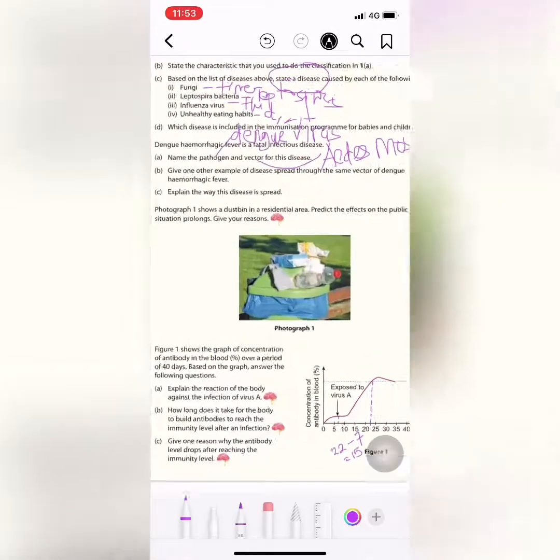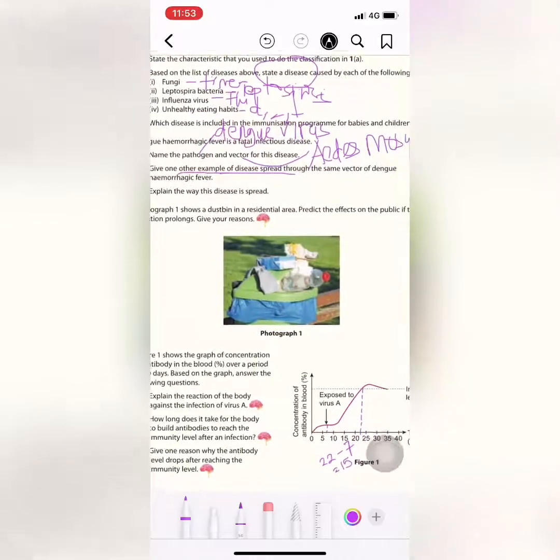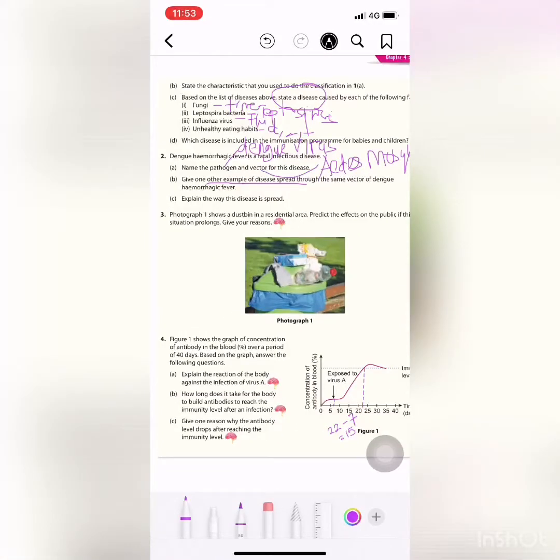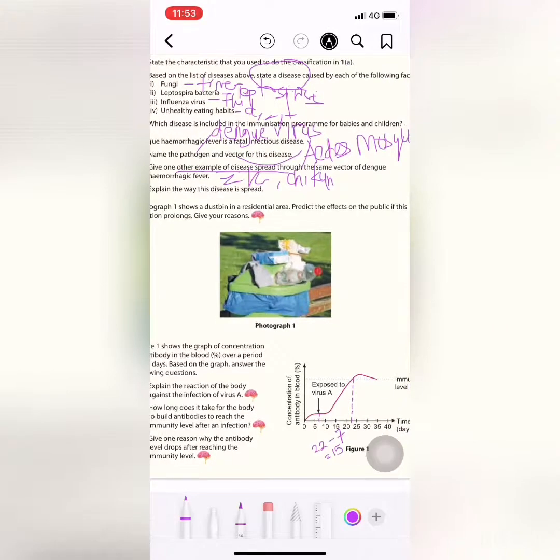2B, give one example, other example of diseases spread through the same vector of dengue hemorrhagic fever. This one, there's 2 actually. You can write Zika or you can write chikungunya. Am I pronouncing it right? Chikungunya.